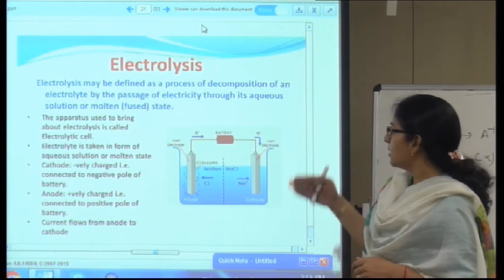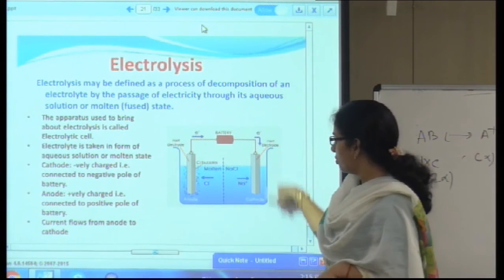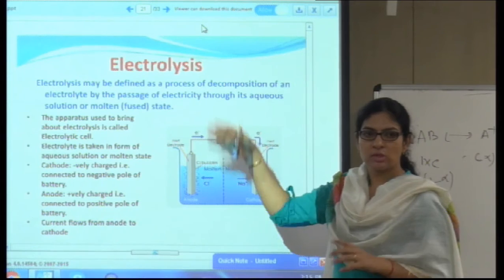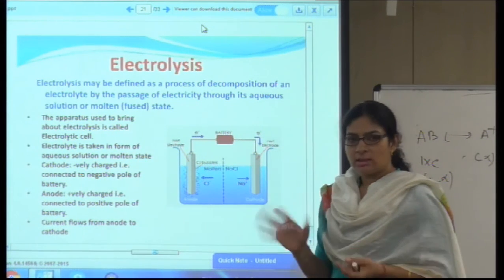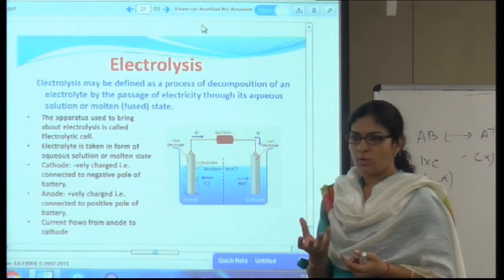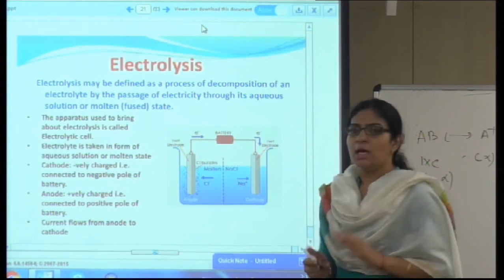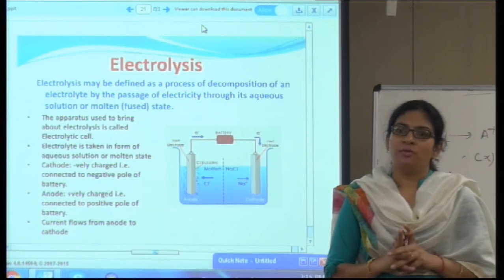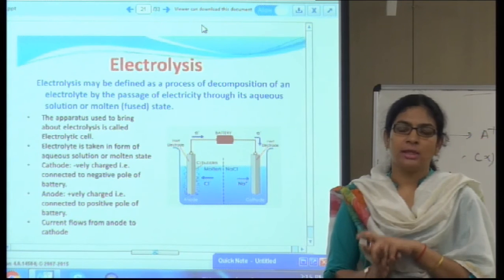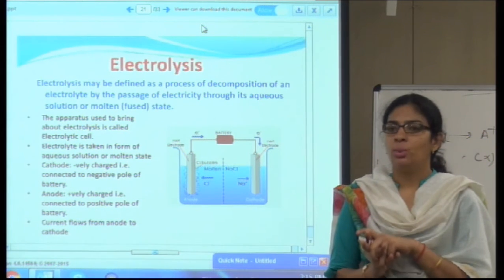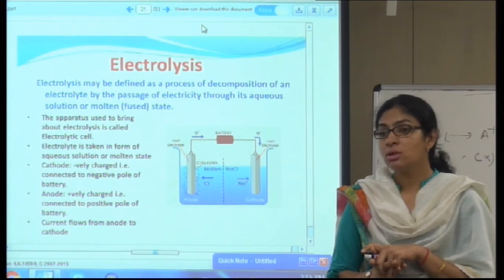Now these are certain features. This is the apparatus which is used to carry out electrolysis. This is called an electrolytic cell. Now the electrolyte is taken in aqueous or solution form, which I have already discussed with you. Now you see the major difference here is that this particular cell cannot be operated without the help of an external battery, because this is what?